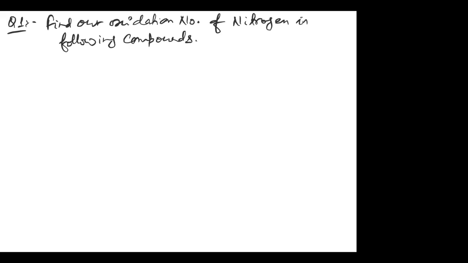So as per compounds are concerned, these compounds may be, let's say, ammonium ion. This compound may be, let's say, N2H4. This compound may be, let's say, NH2OH. This compound is N2. Compound may be N2O. Compound may be NO. Compound may be NO2-.